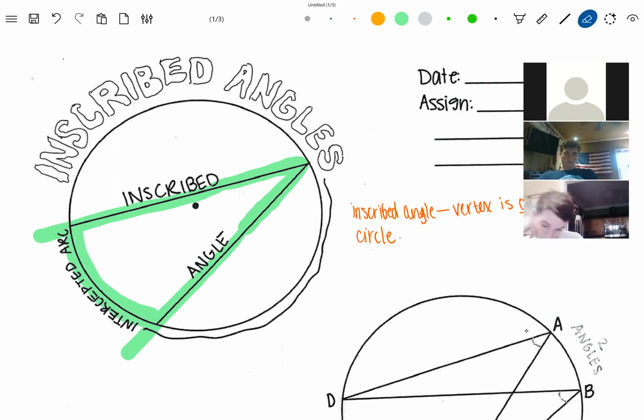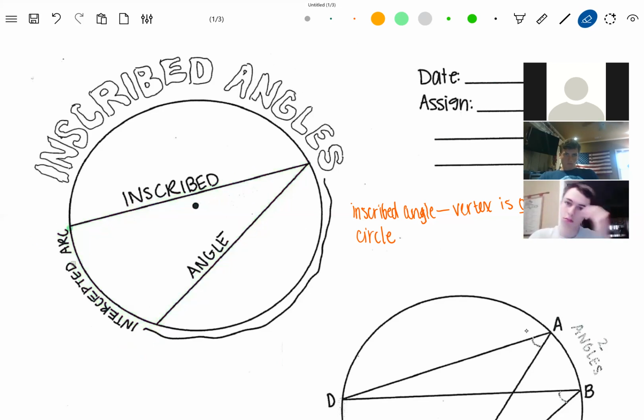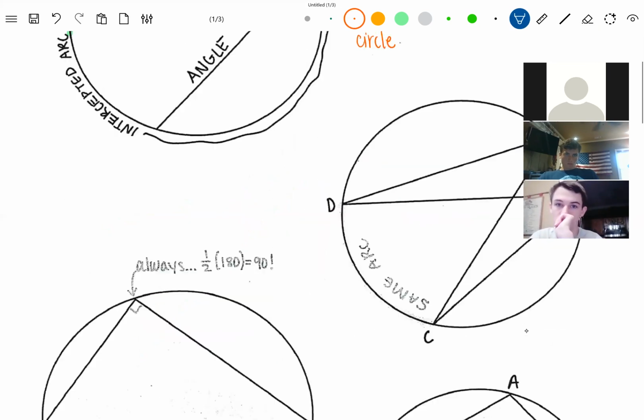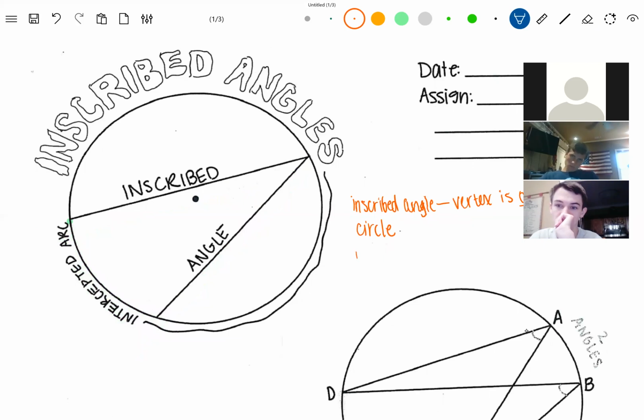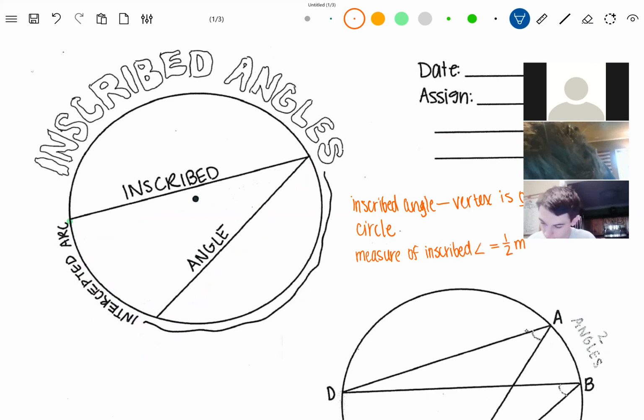With a central angle, where the vertex is at the center, the measure of the arc is the same as the measure of the angle. But if you're talking about an inscribed angle like this, the measure of an inscribed angle is 1/2 the measure of the intercepted arc.